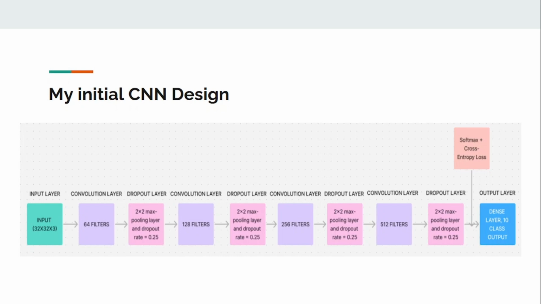This effectively reduced overfitting by ensuring that no single neuron had too much influence on the learning process. This prevented the model from memorizing specific patterns and instead encouraged it to learn more generalizable features.